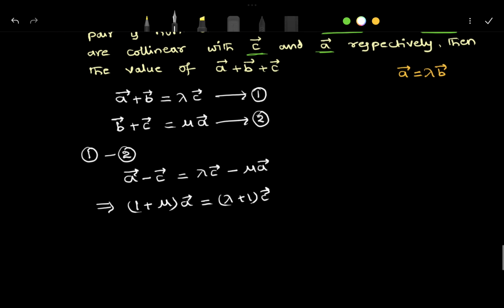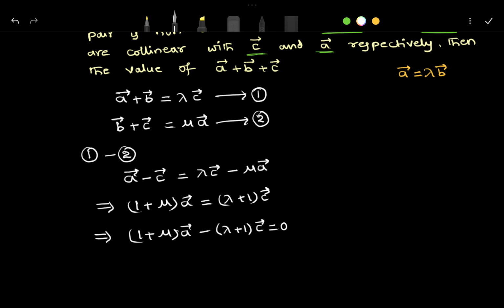Now you can write that 1 plus mu into A bar minus lambda plus 1 into C bar is equals to 0.